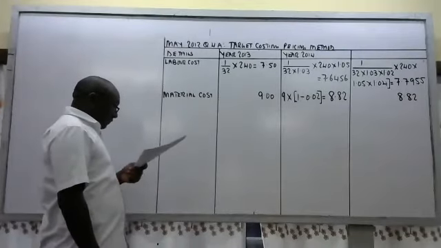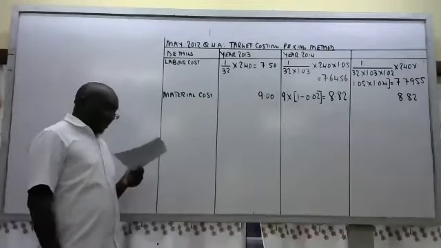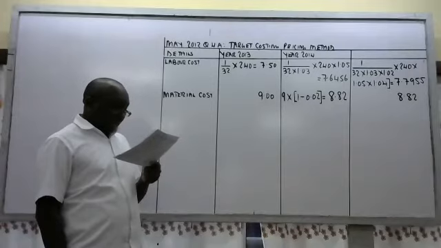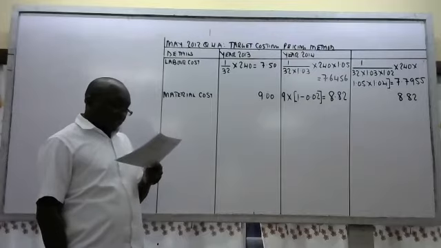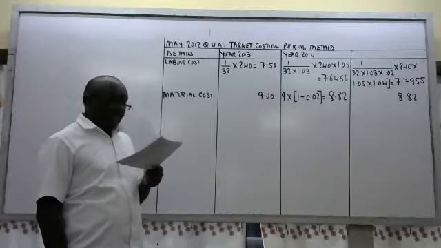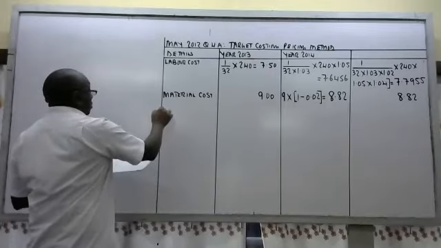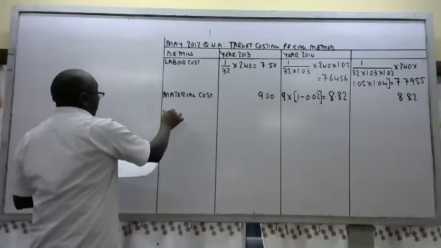Next is that variable overheads are charged to products on a labor hour basis at a rate of $3.20 per hour in the year 2013. Variable overheads are expected to rise by 5% in the year 2014 and a further 4% in the year 2015. So we go to variable overheads.